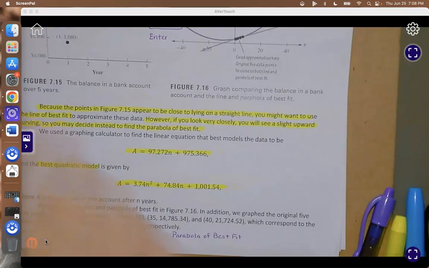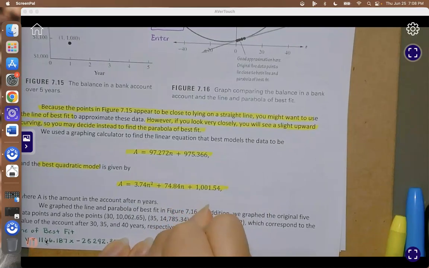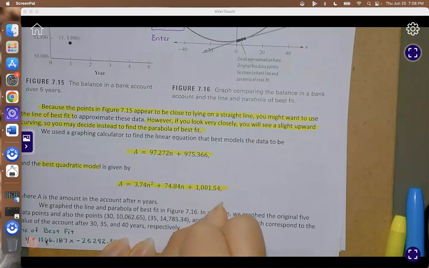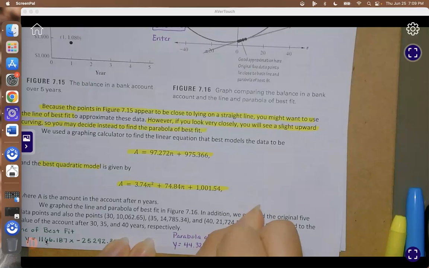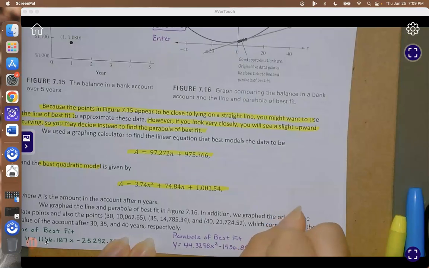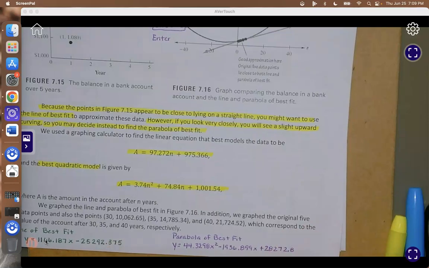Then your parabola of best fit, if you did option 5, you should have gotten 4432.98x squared minus 1936.899x plus 28272.8. Okay, and those would be your equations.